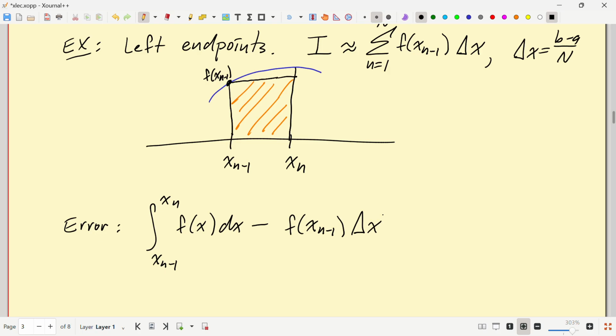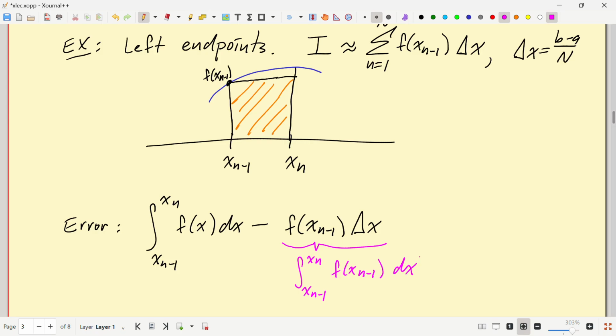And you think about, how can I stuff those together in a way that I can analyze them? That area into that rectangle is the same thing as the integral from x_{n-1} to x_n of the constant function f of x_{n-1} dx.